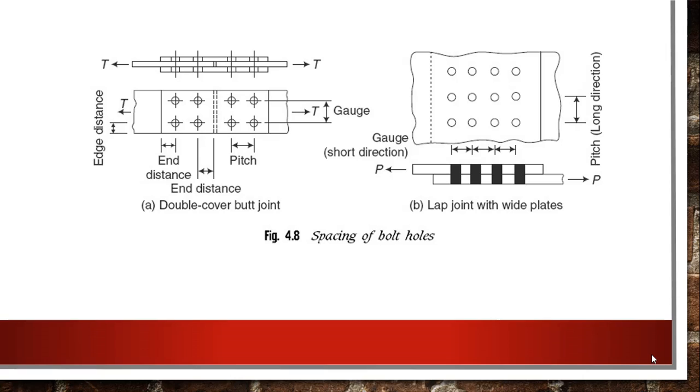The end distance is the distance from the center of the bolt to the end of the plate along the force direction, and the edge distance is the distance from the center of the bolt to the end of the plate perpendicular to the direction of force. Okay, so these are the terminologies which you have to consider for the design.